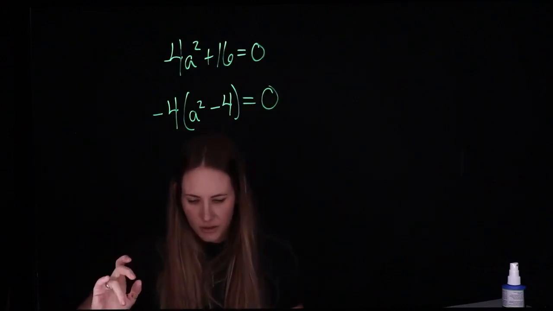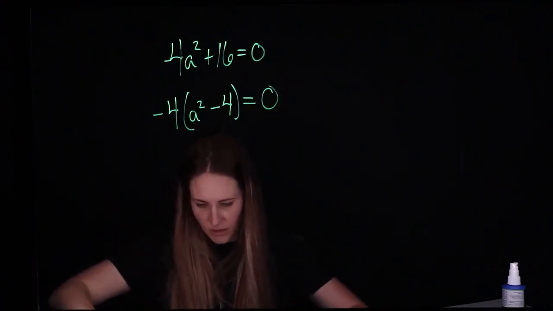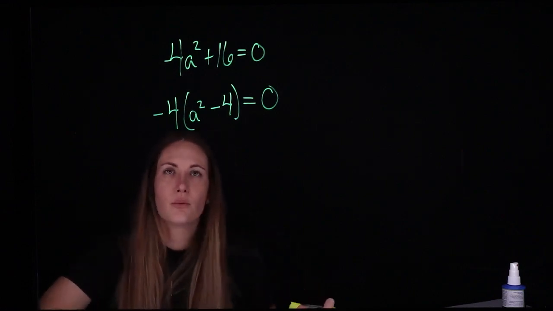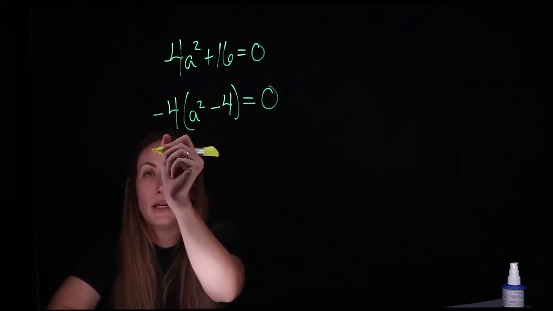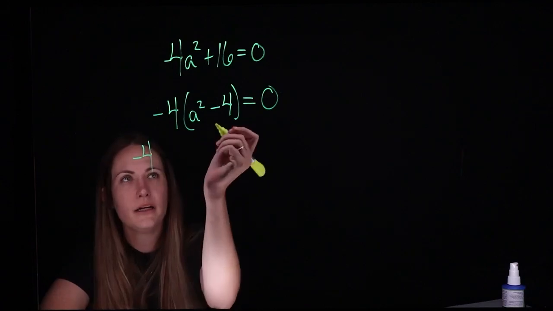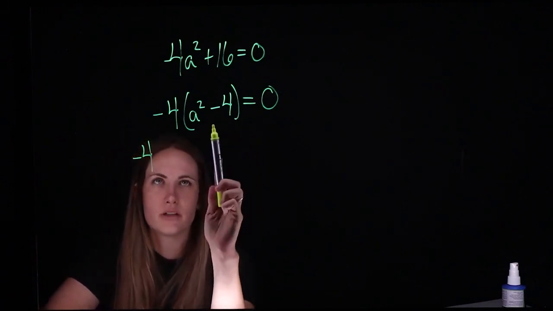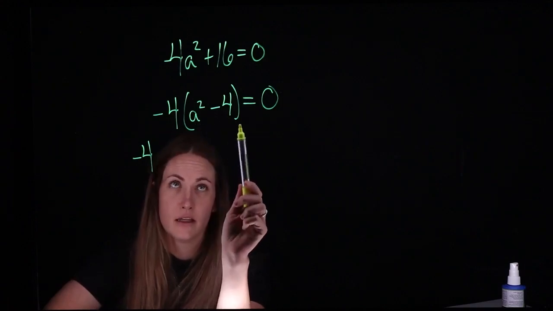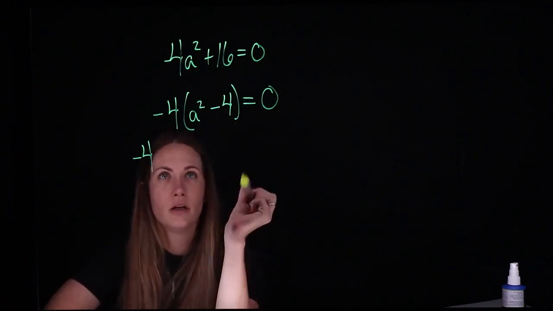So let me read how they want us to do this. They don't care about the factored form, so we're going to go ahead and keep factoring. Right here, it's the difference of two squares, which means that there's a square root of a squared, which is a, and there's a square root of 4, which is 2.